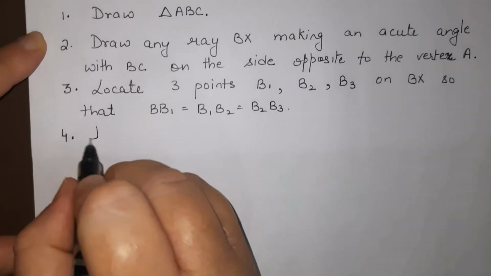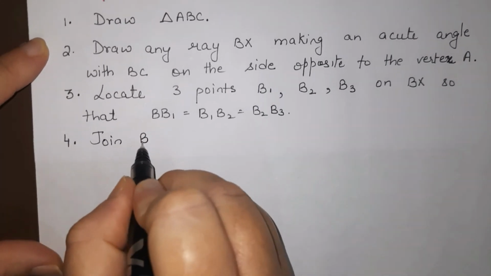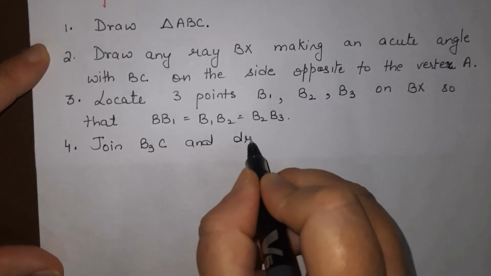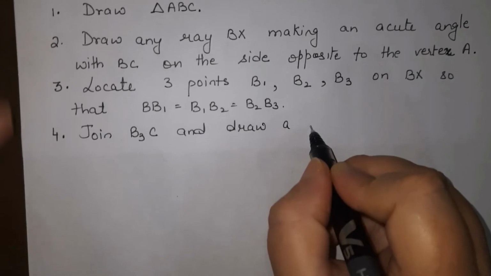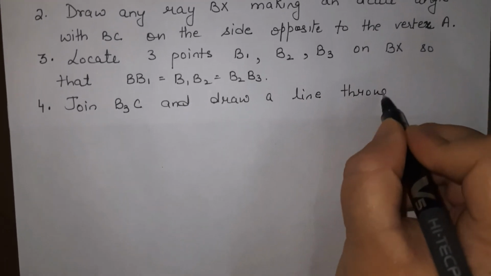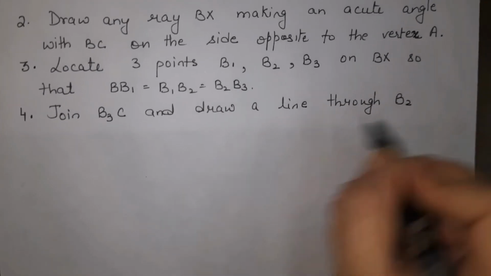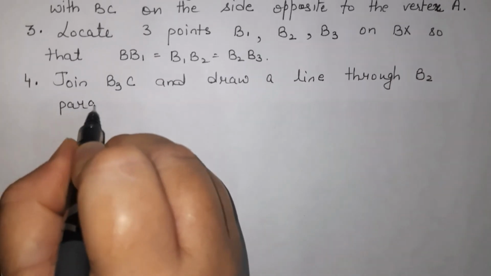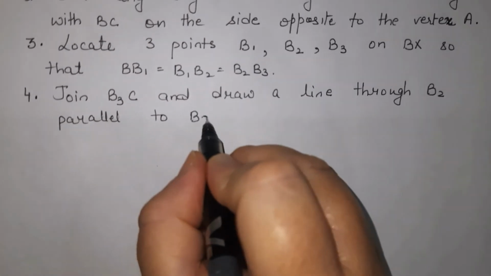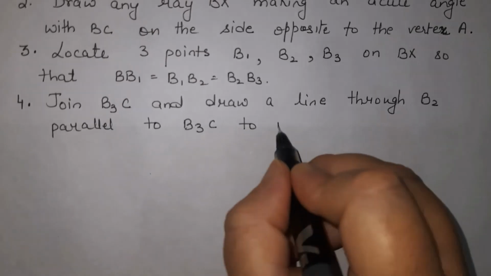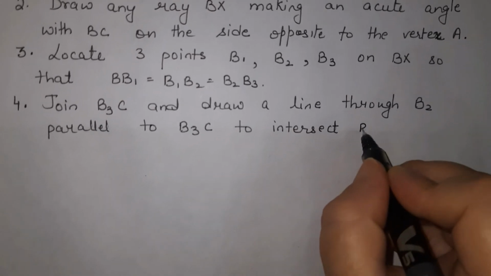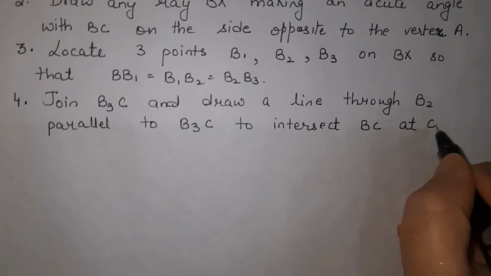Fourth step, join B3C and draw a line through B2 parallel to B3C to intersect BC at C dash.